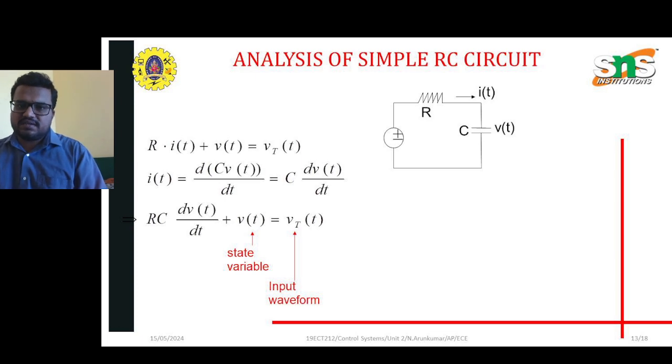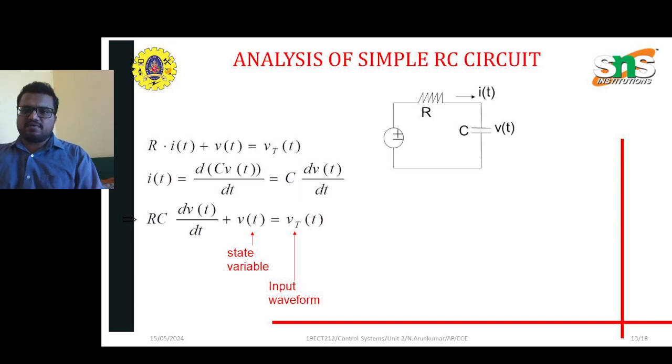Now, analysis of the RC circuit. Based on the Laplace transformation of the control system, we can calculate the resistor and capacitor values with respect to time. Initially the current and voltage values are based on the closed and open loop circuits.